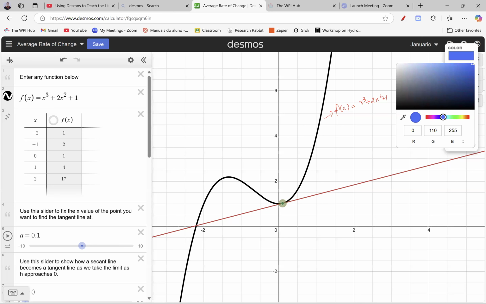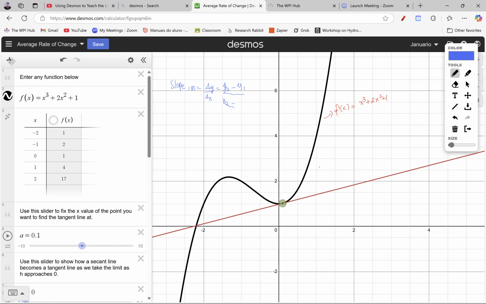Slope m is equal to delta y over delta x, which is equal to y2 minus y1 over x2 minus x1, yeah?